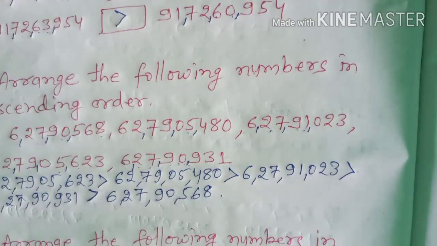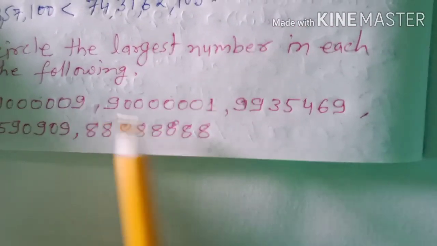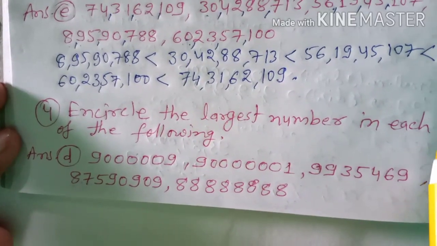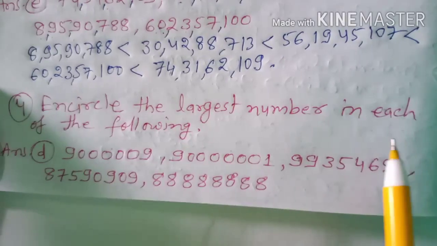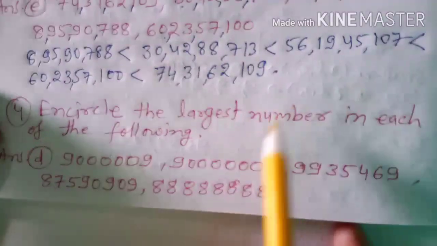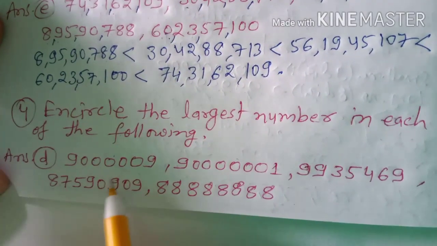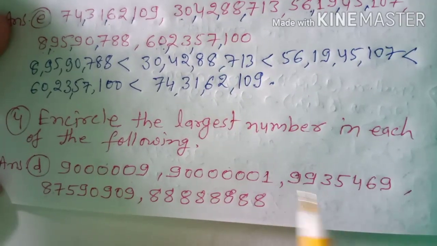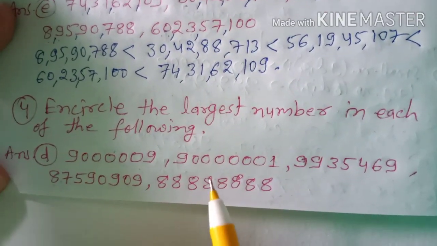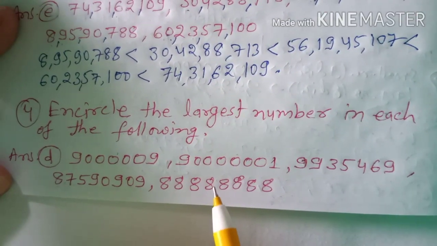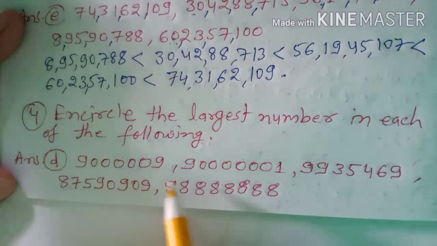See question number 4. Encircle the largest number in each of the following. So here we are taking D. These are the numbers, and we have to encircle the number which is largest among these numbers.